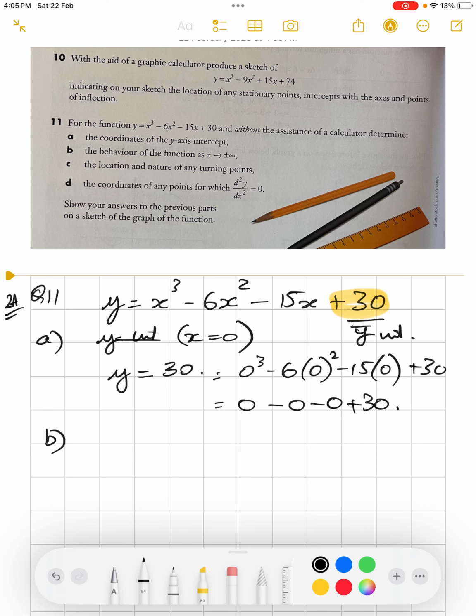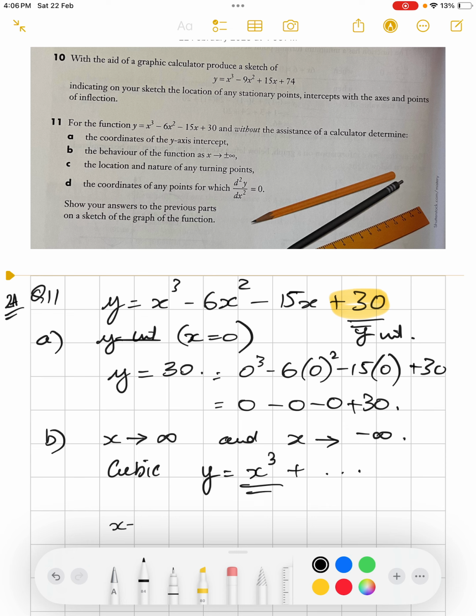Part B, the behavior of the function as x approaches positive infinity and as x approaches negative infinity. Well, it's good to know it's a cubic, and we've got the x cubed term. This is the term which gives the biggest value.